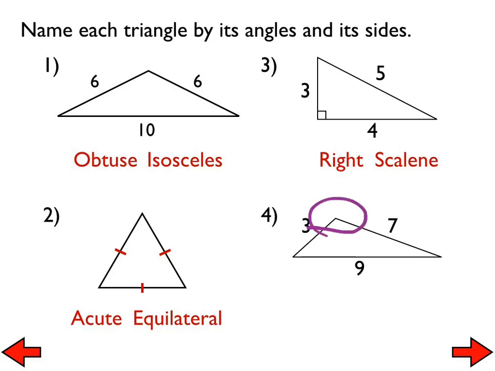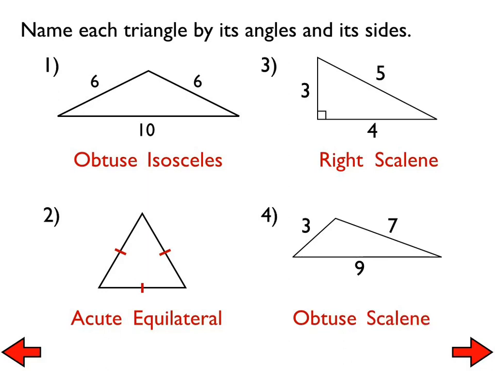And if you have trouble seeing it, turn your paper around, and it should be clear to you. That is an obtuse angle right there. If I take that off and draw it again, we have an angle right here that is clearly bigger than 90 degrees. So this is an obtuse scalene triangle.